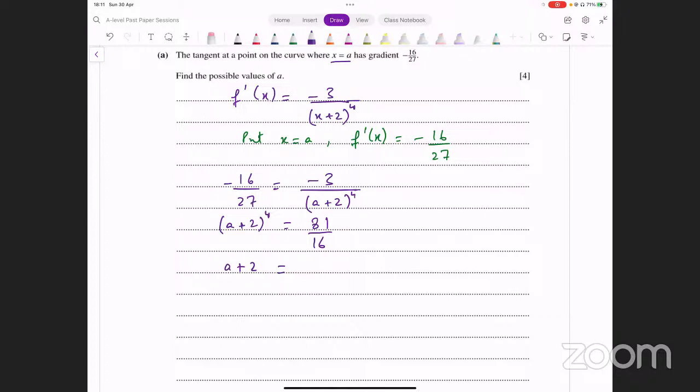That's probably easier to use। 81 over 16 पावर में आप बेशक 0.25 डाल दें। Okay, so you can do it however you want। This turns out to be 1.5 या 3/2.